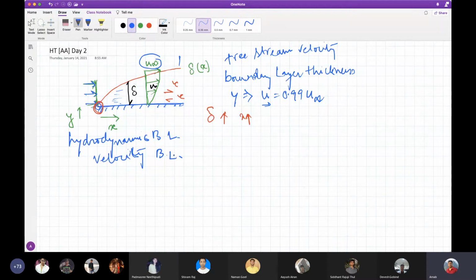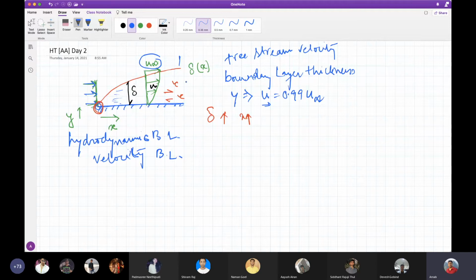So it basically develops wherever there is fluid flow over a surface, and this is very important when we consider convective transport of any quantity.